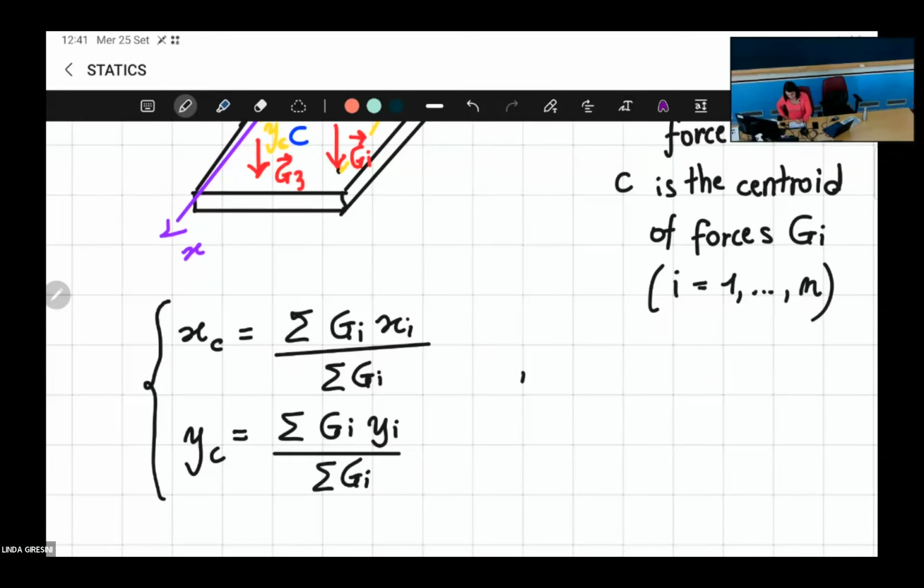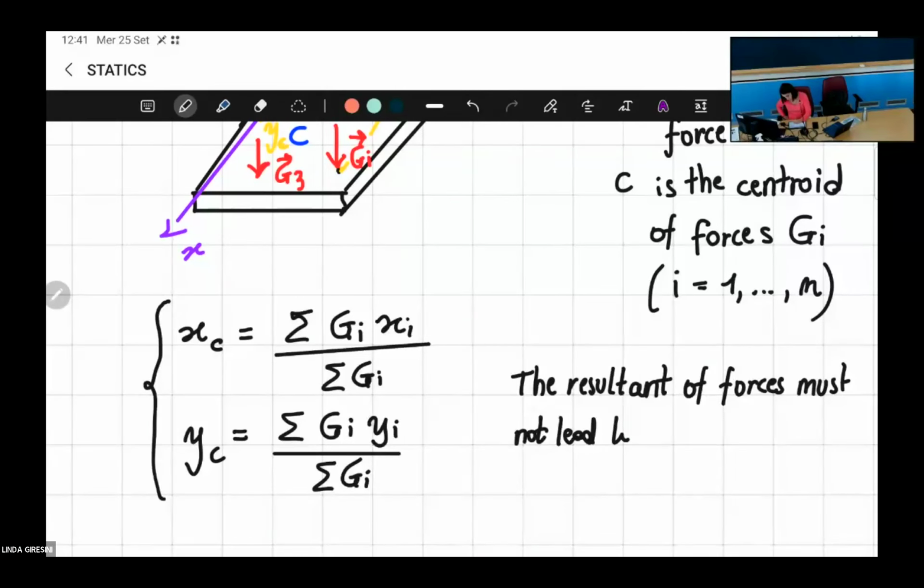It's important to say that the resultant of forces must not lead to a couple. Otherwise, this formula is not valid. In this case, we don't have any couple, any moment.